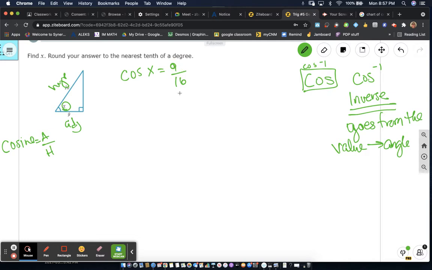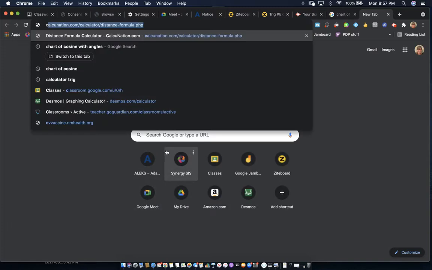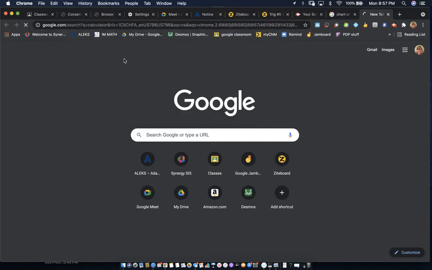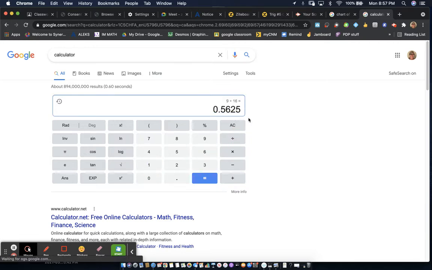That's giving me a value. 9 over 16 is a value. So check this out, you guys, just for the fun of it. Where's my calculator? I lost my calculator, guys. Okay, here's my calculator. Look, 9 divided by 16 is 0.5625.